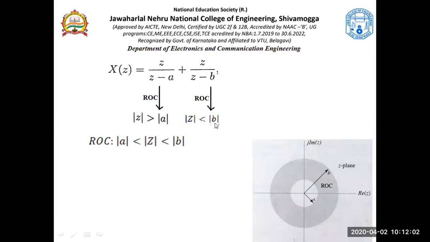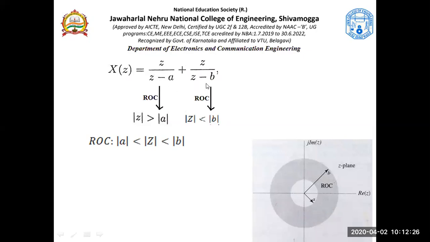What is z less than b? The ROC is within the circle whose radius is b. This is the meaning of that. What is ROC of positive time exponential? ROC of positive time exponential is outside the circle with radius a. ROC of negative time exponential is inside the circle with radius b.